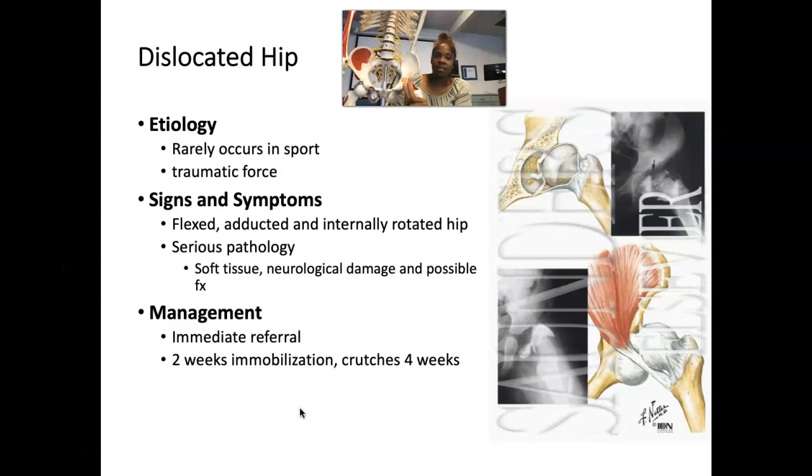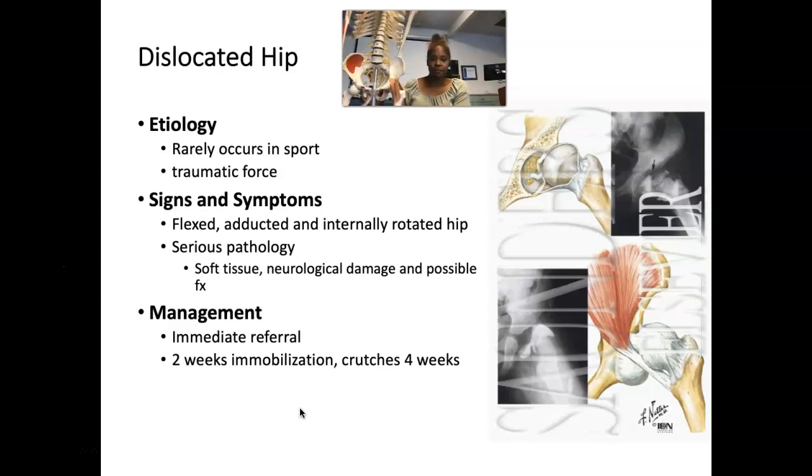Remember I said there are lots of ligaments restraining this femoral head in this pelvis acetabulum socket, right? And so let's say it this way: these are very rare, but if they happen, they are catastrophic. Your athlete can absolutely lose a limb. So what is the sign and symptom that your patient has a dislocated hip?